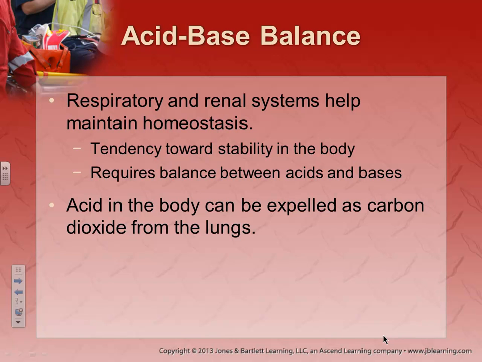It secretes what? Sodium bicarb. Remember, sodium bicarb is the what? Buffer. The fastest way to eliminate acid is going to be through the respiratory system because we can blow it off, right? We can blow it off.